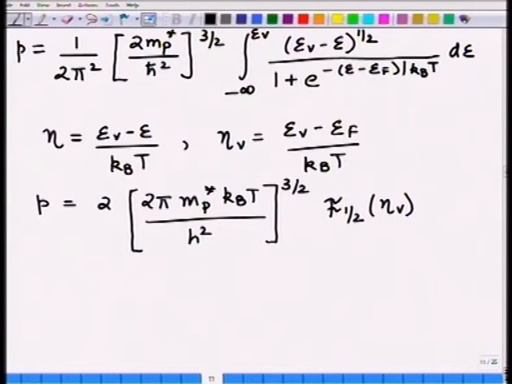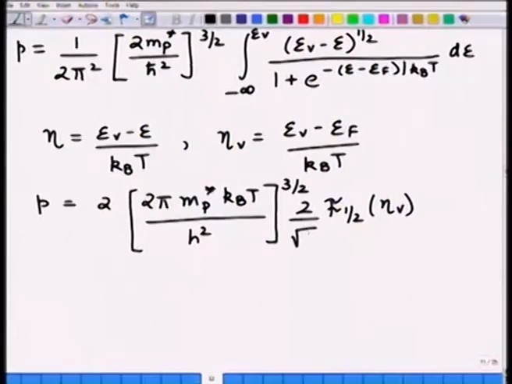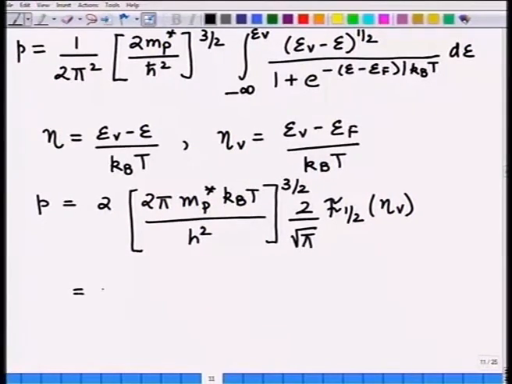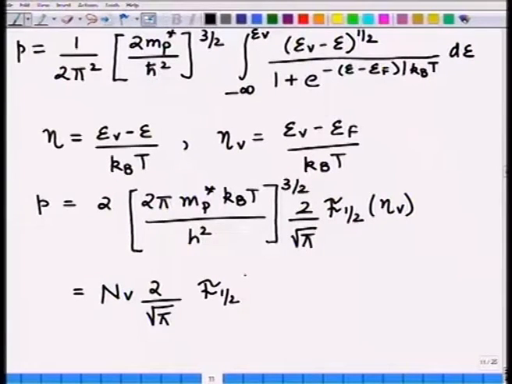Okay, so now exactly the same way, and I should in fact add this 2 to power 2 and root pi over here also, exactly the same way, which we are going to write as N_V times 2 by root pi F to power half, Fermi Dirac function of order half eta_V, exactly the same way.